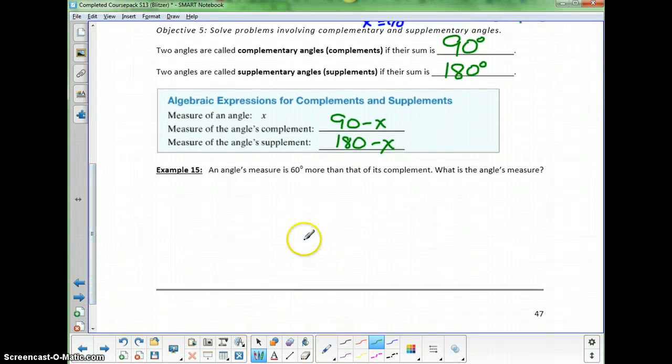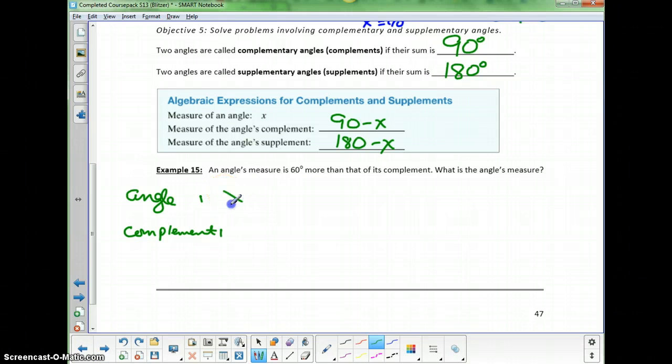So in the last example here, an angle's measure is 60 degrees more than that of its complement. What is the angle's measure? Okay, so I have angle and the angle's complement. Okay, an angle's measure is 60 degrees more than that of its complement.